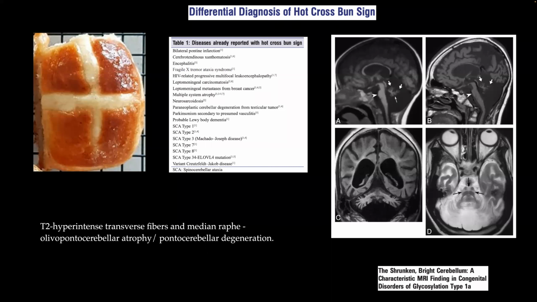Yes, we can try either getting the parents tested, or we can go ahead with the transferrin glycosylation testing. So we'll try to get that done to confirm it.